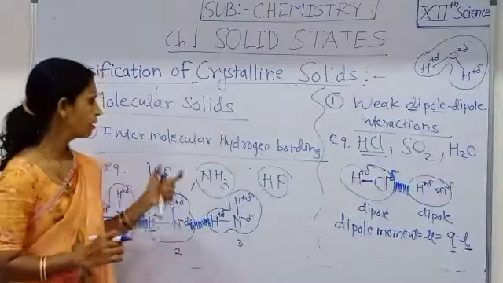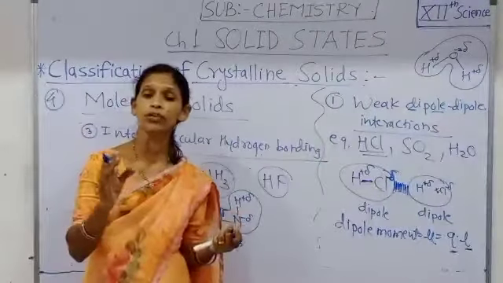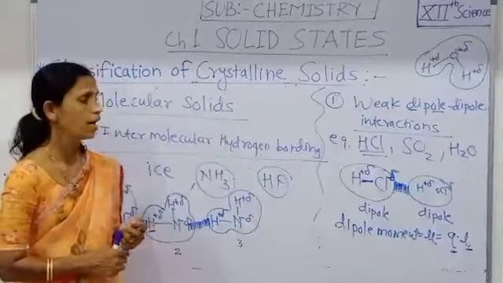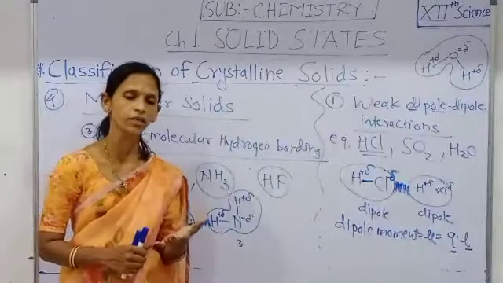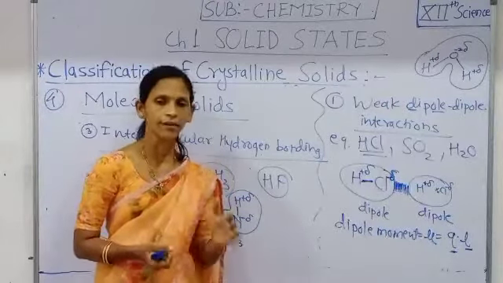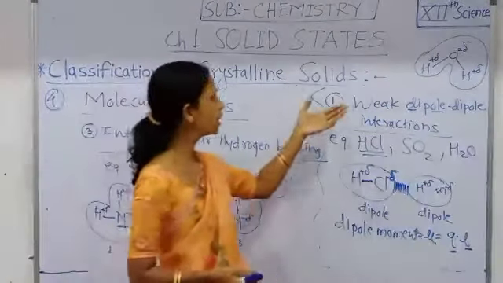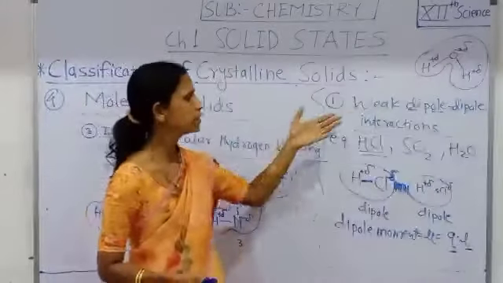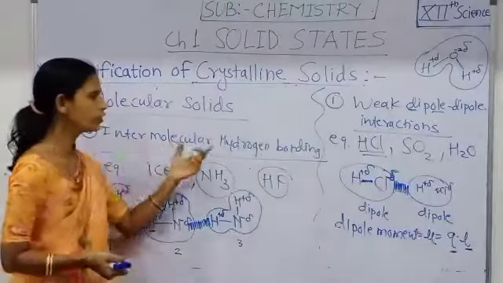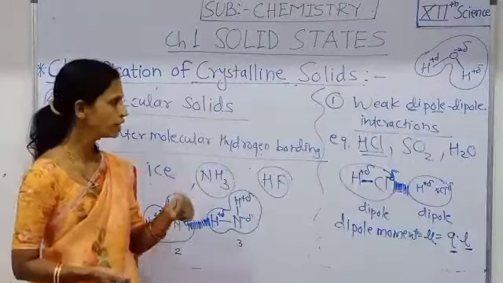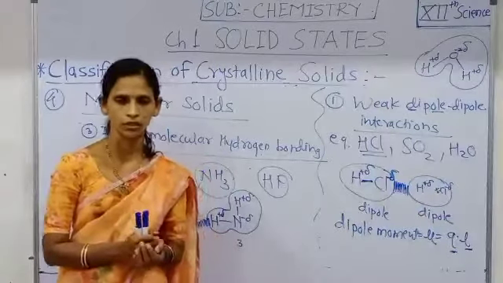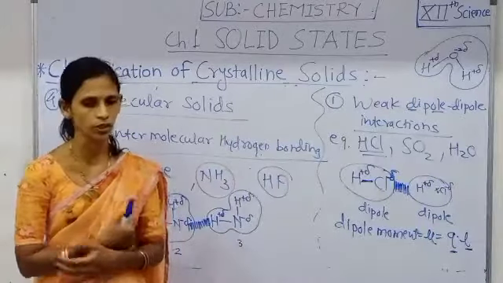There are three types of interactions in different types of molecular solids, and the bonding within the molecules is covalent. The three types are weak dipole-dipole interaction, intermolecular hydrogen bonding, and London forces or dispersion forces present in the molecular solids.